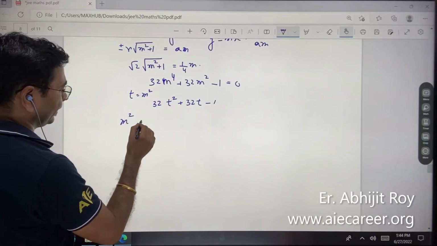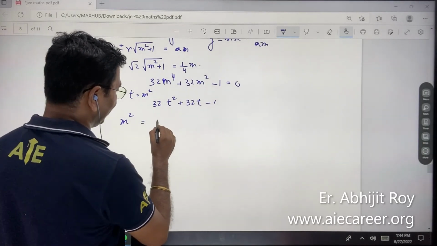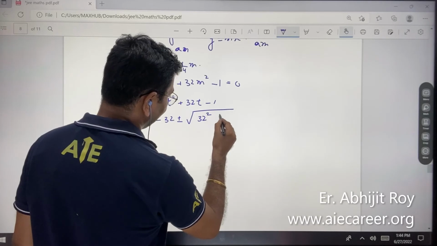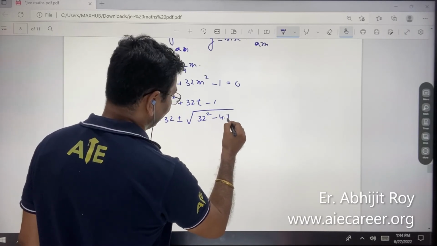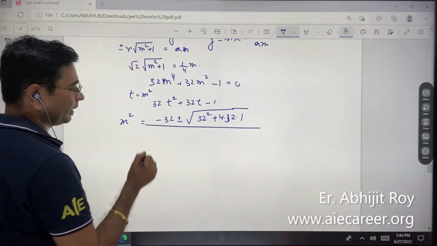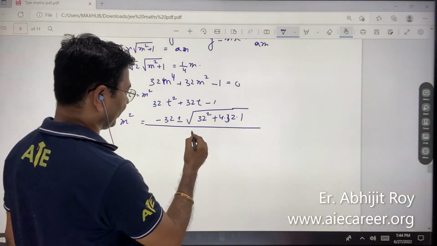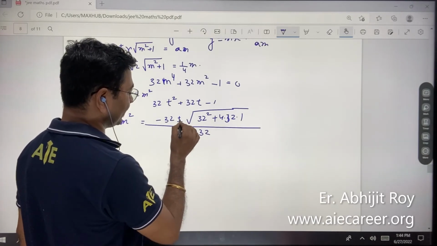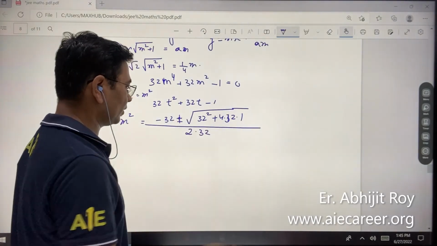So m square can be written as minus b plus minus root of b square minus 4ac, divided by 2a, that is 64. The minus sign cannot be taken, because this will always be plus.